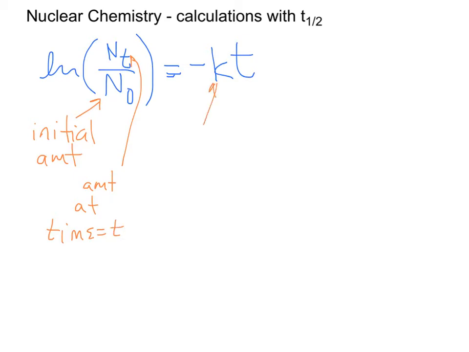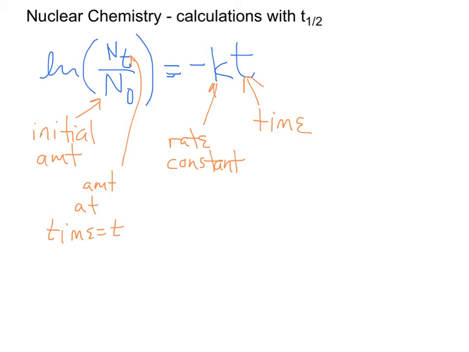What did we use that lowercase k for when we were talking about rates? That's the rate constant. And then, of course, t is the time. So that's one equation we could use to figure out what actual amount is going to be there based on how much we started with.